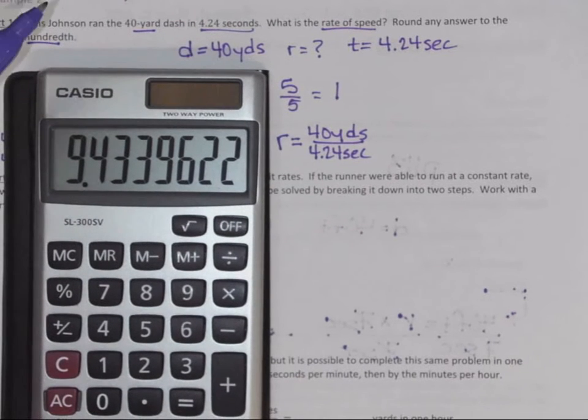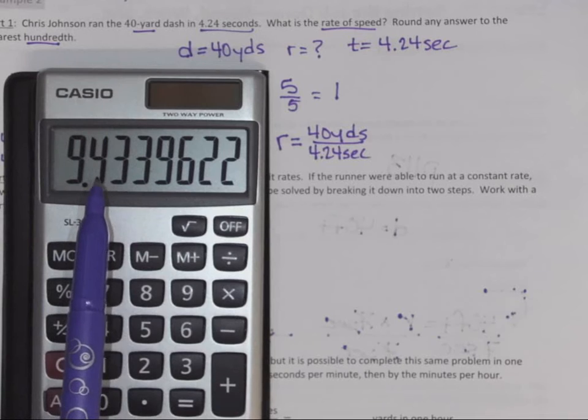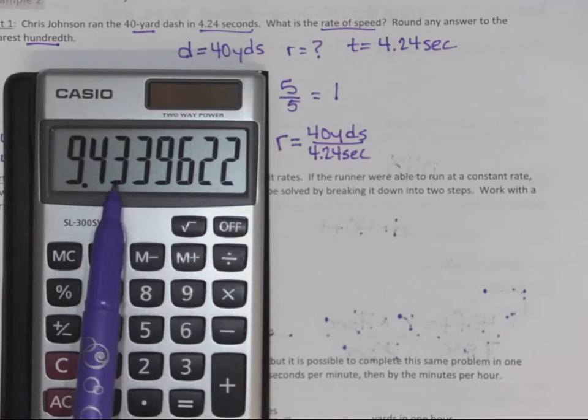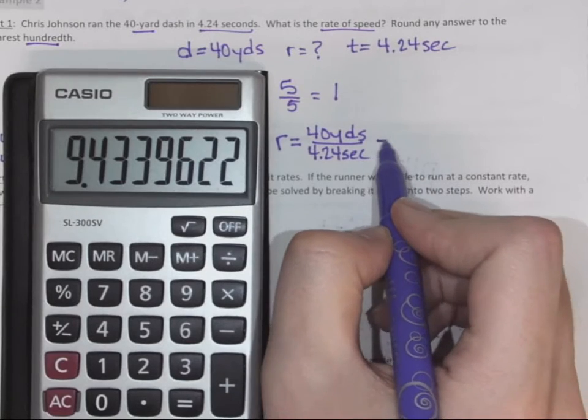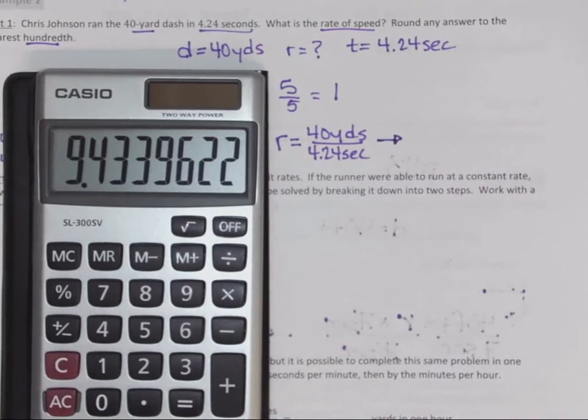Well, the problem tells us this time, round to the nearest hundredth. If I round to the nearest hundredth, how many numbers come after the decimal? Isaac Lopez. Yes, 2, because this is the tenths place, this is the hundredths place. So if I round to the hundredths, what is my answer?